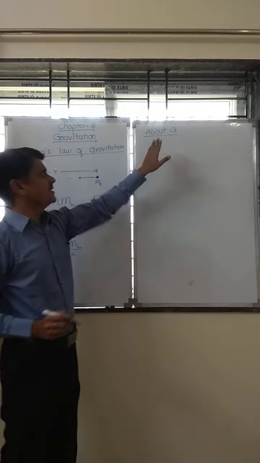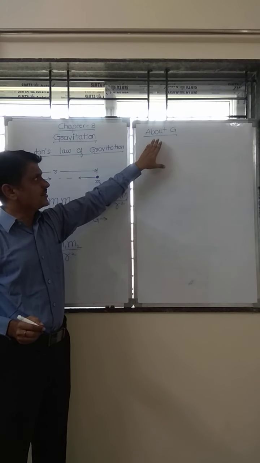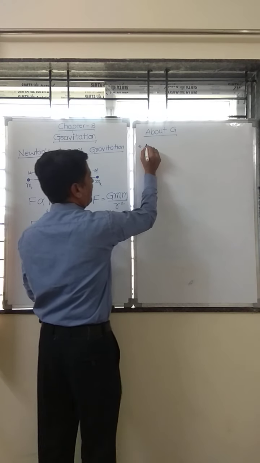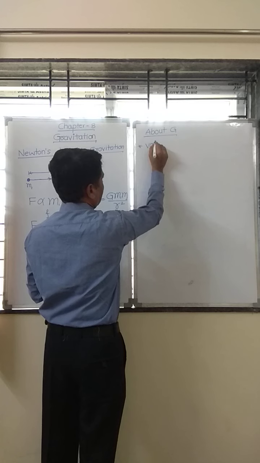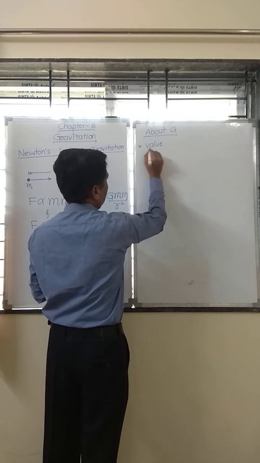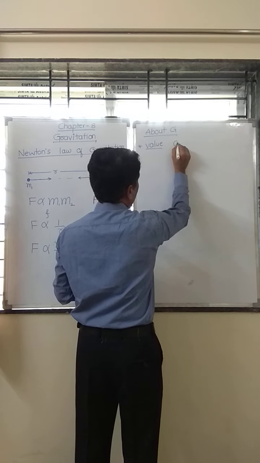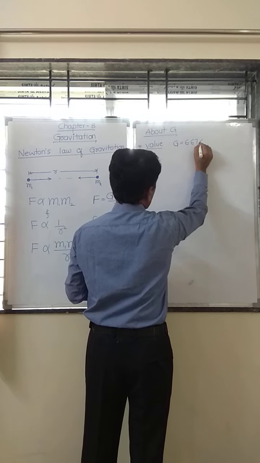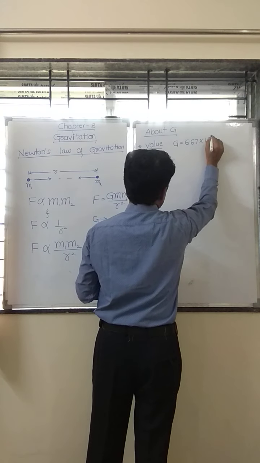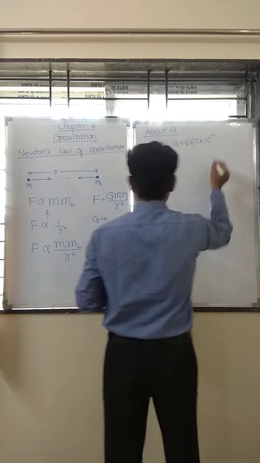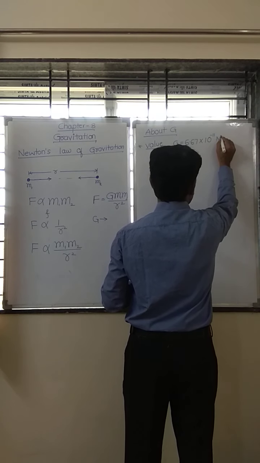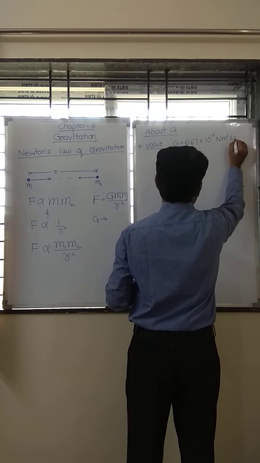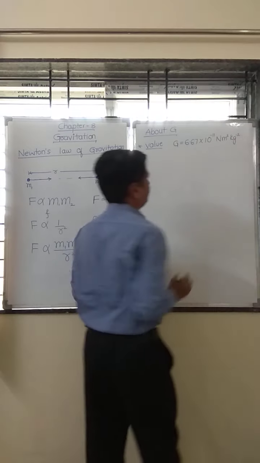As you know, it was first determined by Cavendish using torsional balance. Its value is G equal to 6.67 into 10 to the power minus 11. Its SI unit is Newton meter square per kg square.